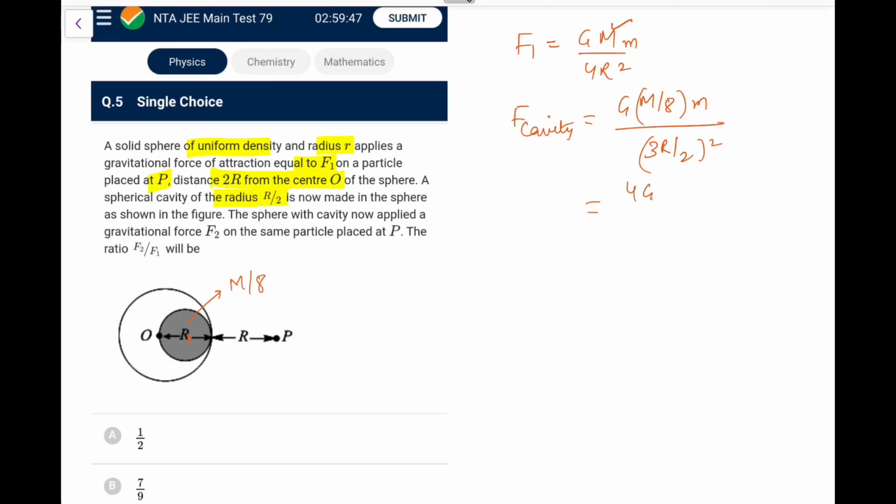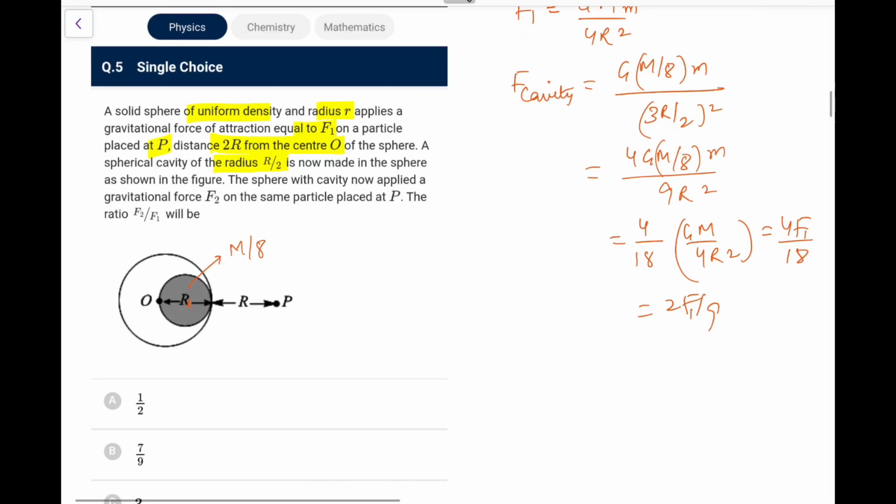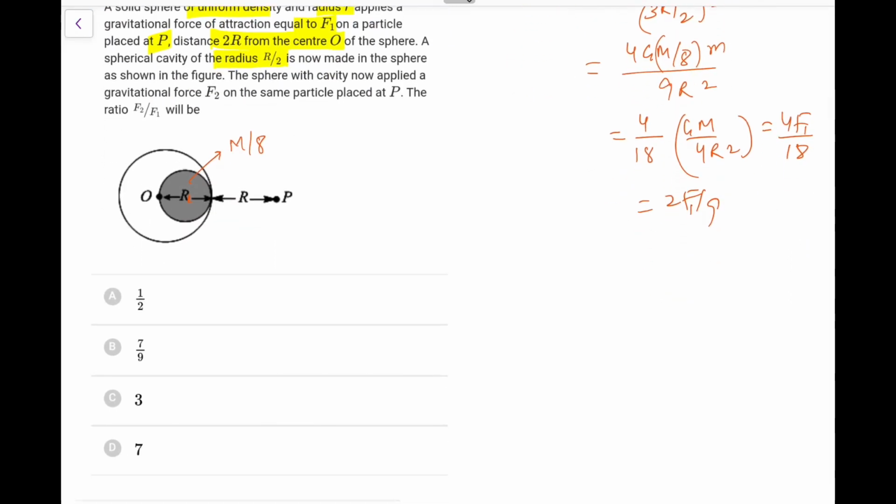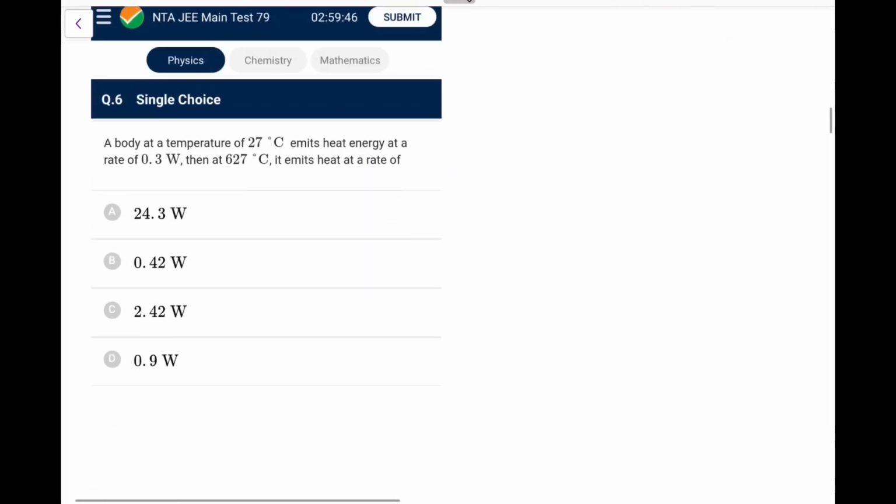That comes out as GM by 8 into m upon 9r square, 4 by 18 into GM by 4r square, like this. So this is 4F by 18, or you can say 2F by 9. So out of that F1, 2 by 9 fraction was because of this cavity. So because of the second one, it would be 7 by 9 fraction. So I'll go for option B here.